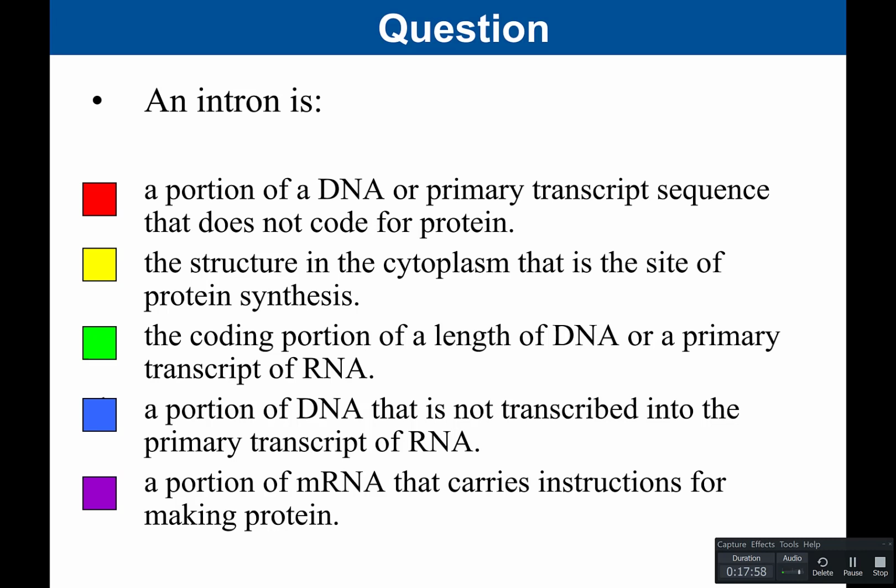Again, the answer will not be provided here because we will discuss it in our Zoom session. An intron is: red, a portion of DNA or primary transcript sequence that does not code for the protein; yellow, the structure in the cytoplasm that is the site of protein synthesis; green, the coding portion of a length of DNA or a primary transcript of RNA; blue, a portion of DNA that is not transcribed into the primary transcript of RNA; or purple, a portion of mRNA that carries instructions for making the protein.